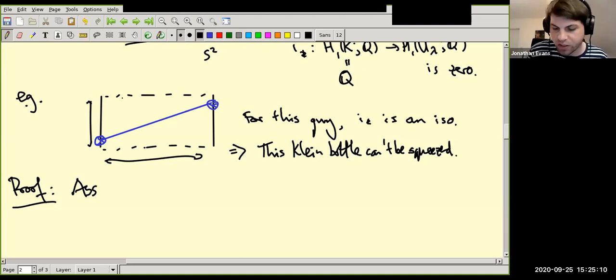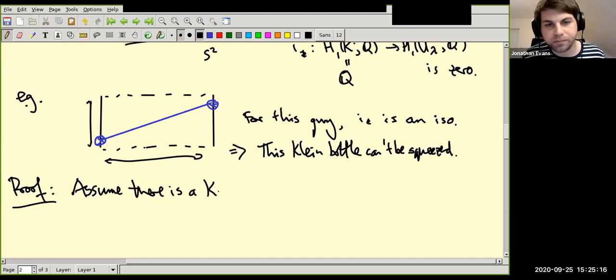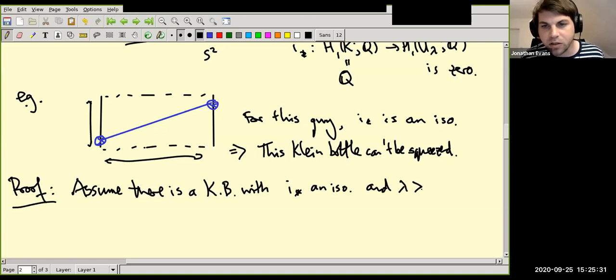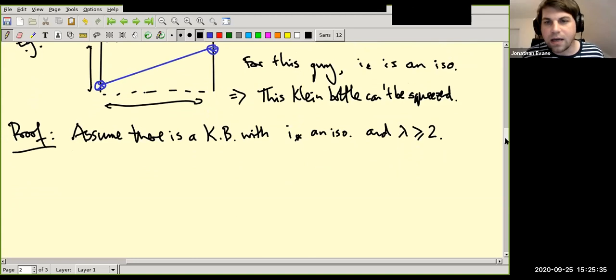You probably don't have to phrase it in this way, but I'm going to assume that there is a Lagrangian Klein bottle, with I star an isomorphism, and lambda bigger than or equal to 2, and we'll get a contradiction.